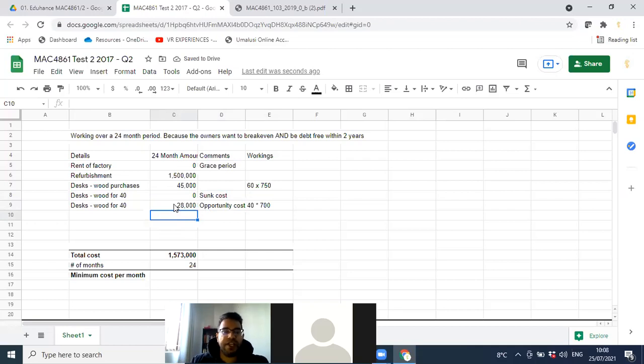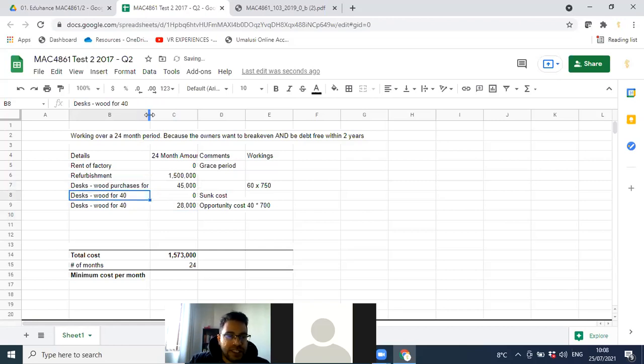So what we covered over there was everything regarding the wood specifically. There's 100 desks. We need wood for 100 desks. Jack already has wood for 40 desks. Therefore, we only need wood for 60 desks. So therefore, we're buying wood for 60 desks.